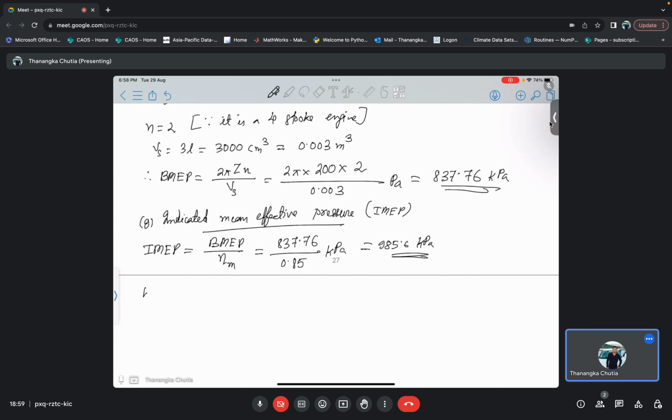Next is your friction mean effective pressure, that is FMEP. Since the frictional power is nothing but indicated power minus brake power, therefore frictional mean effective pressure is nothing but indicated mean effective pressure minus brake mean effective pressure.